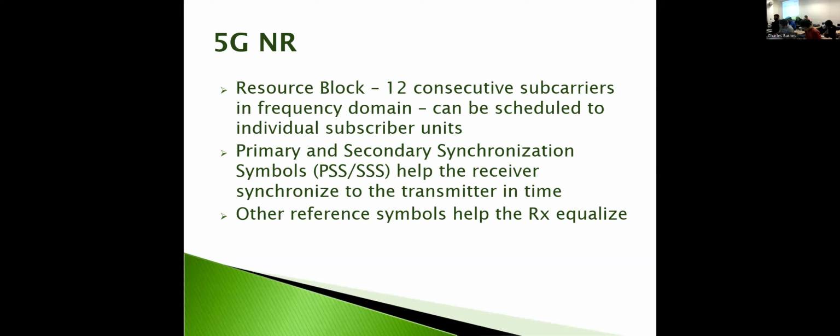So if I'm going to allocate a certain number of subcarriers to talk to some guy named Joe, I can do that at that granularity of 12 consecutive subcarriers. I might allocate 12, or 24 or 48 or 36 or something like that, but I'm going to do that at a granularity of 12 consecutive subcarriers.